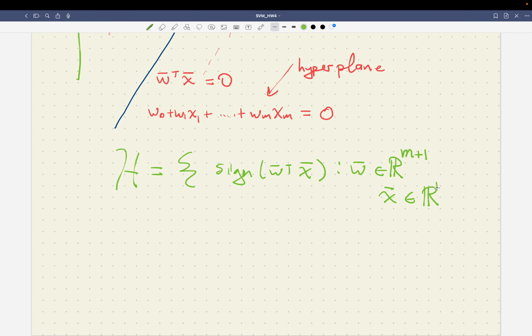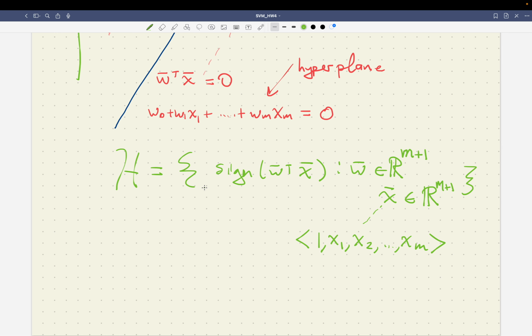You know from watching the other videos that I put up recently that this just means a list of m+1 real numbers. Why is it +1? That's because of the bias. The vector x begins with 1, and then it has a first feature, a second feature, all the way up to the mth feature.